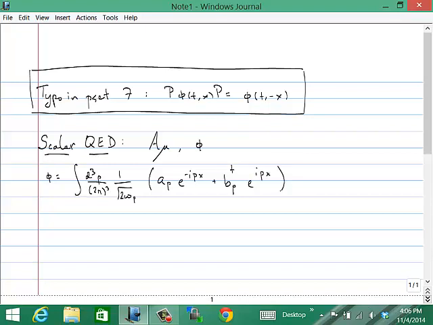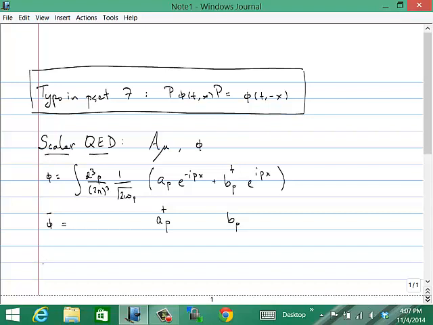Here, A dagger is the operator that creates an electron, B dagger is the operator that creates a positron, and there's a similar expression for phi bar, where now you have an A_p dagger and a B_p. So phi bar is the operator that creates an electron or destroys a positron.